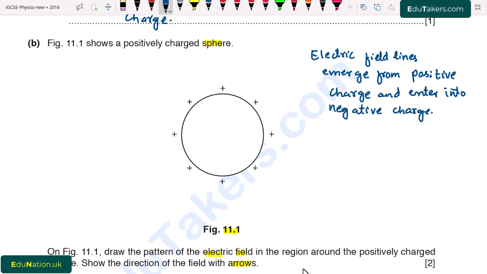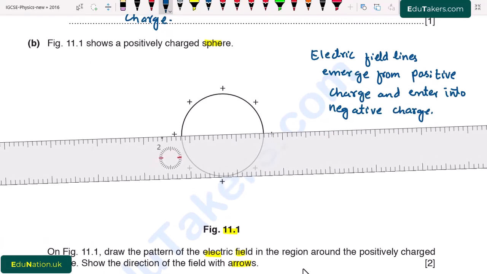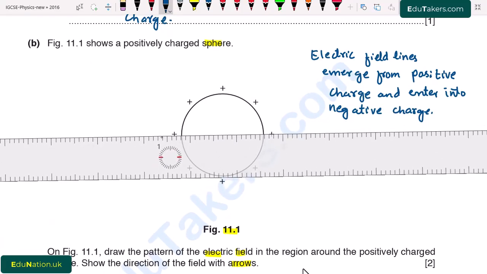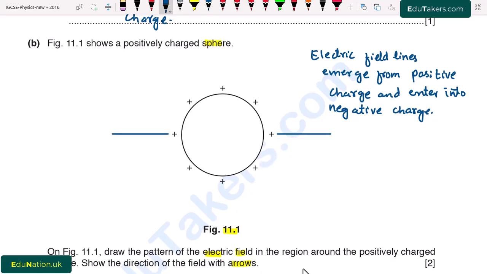Now I am going to draw these electric field lines. I use a ruler and draw here the lines. I also have to put arrow in outward direction.